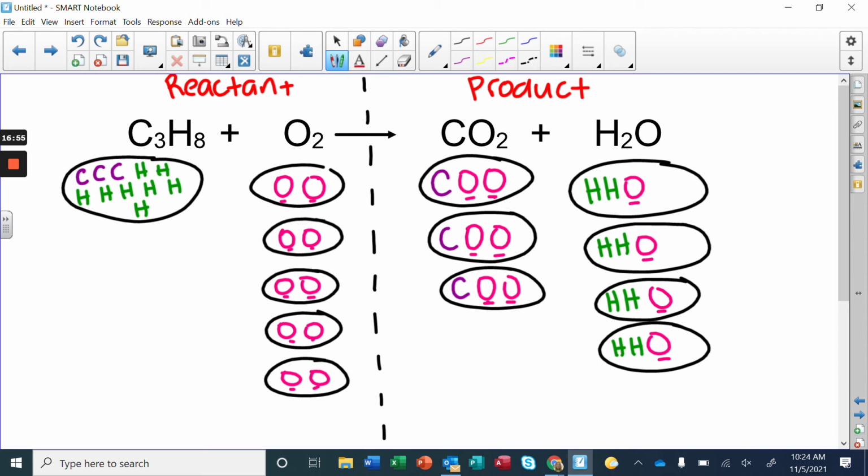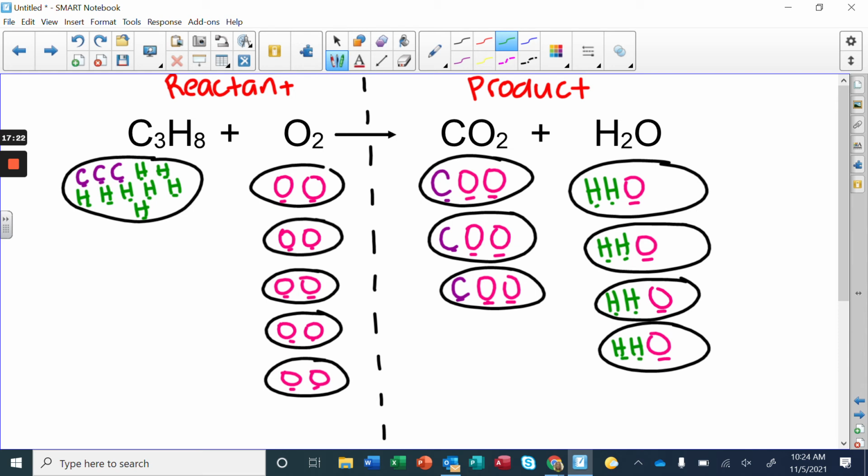I have 1, 2, 3 carbons on my reactant side, and I have 1, 2, 3 on the product side, so they're good. My hydrogens, I have 8 on my reactant side, and I have 8 on my product side.